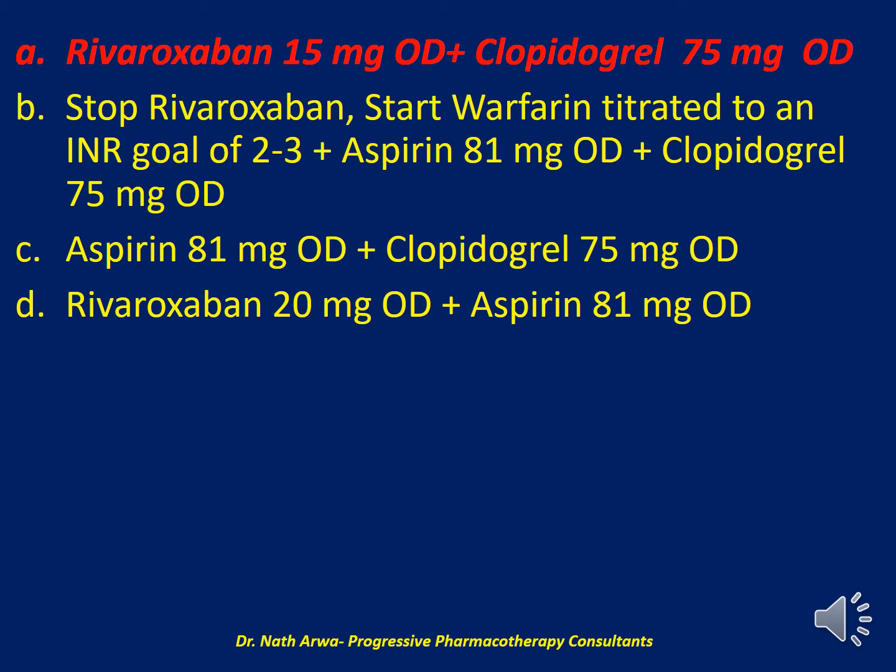Now, based on the PIONEER AF trial, patients who received rivaroxaban 15 milligrams orally once daily, or 10 milligrams orally once daily if their creatinine clearance was between 30 and 50, plus 75 milligrams of clopidogrel for a year, had lower clinically significant bleeding compared to patients who received standard care of adjusted dose warfarin to the INR range of 2 to 3 alongside aspirin 81 milligrams orally once daily and clopidogrel 75 milligrams orally once a day.